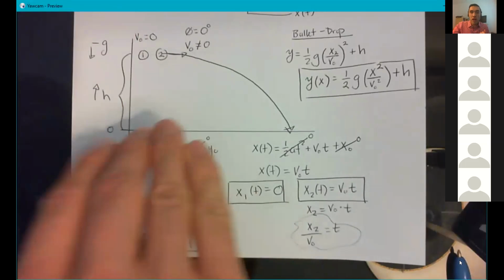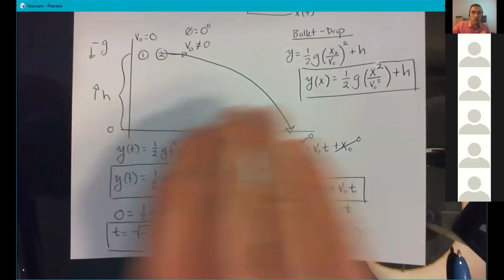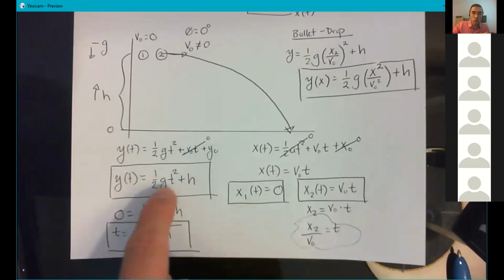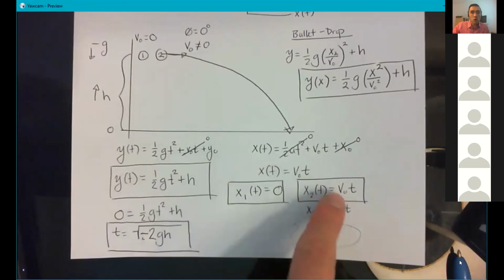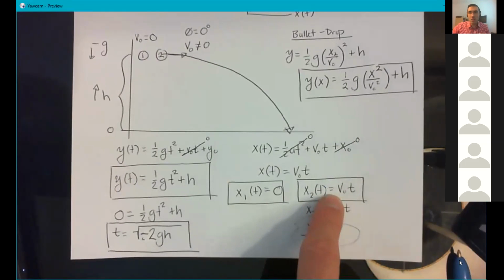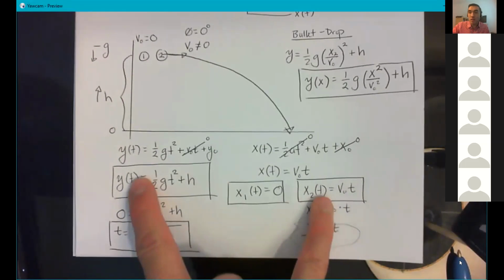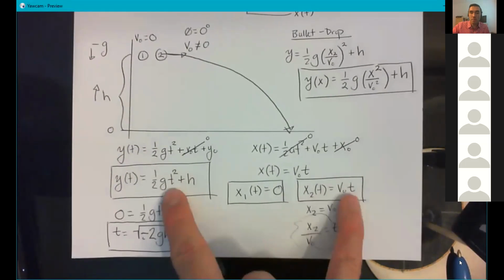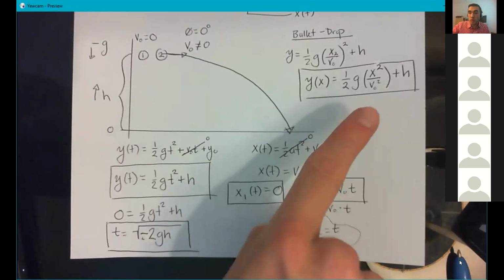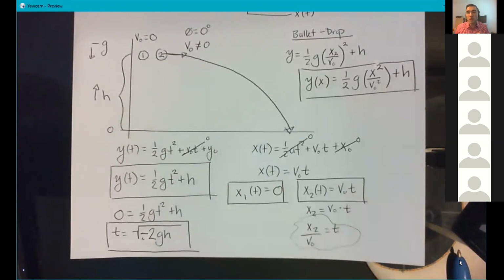We set up one equation for x, and there is no gravity this way. So equations in the direction with gravity get a gravity. Equations perpendicular to gravity don't get gravity. And if you take any two independent equations of motion that are functions of time, you can substitute them into each other, and that new equation will tell you the shape of the pathway, though in here, the time information has been removed.